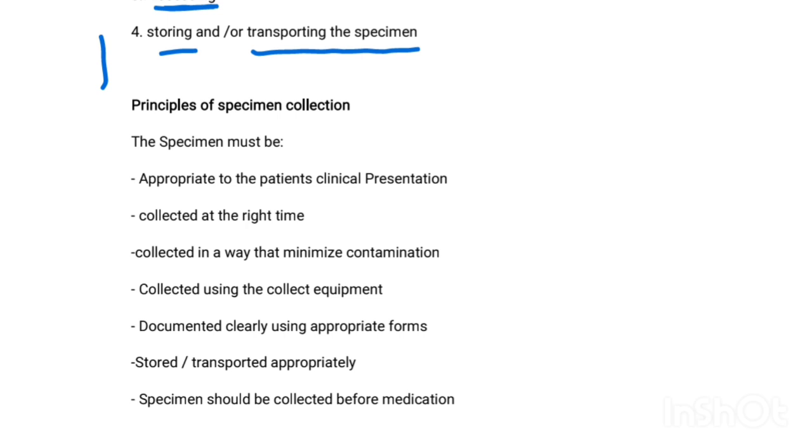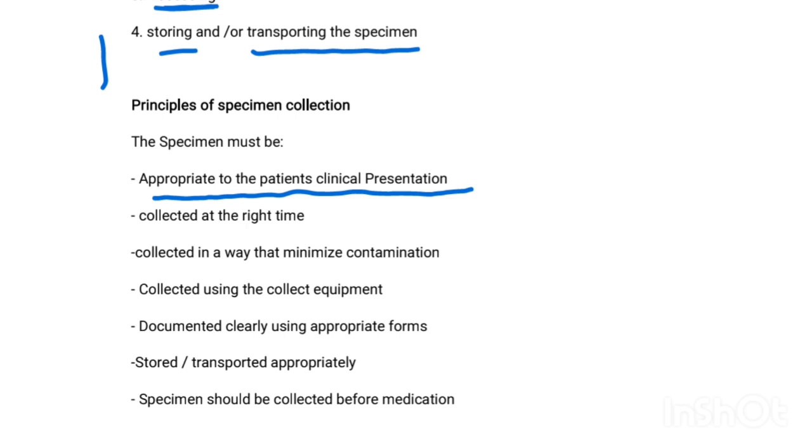For example, let's say if the doctor has requested a blood culture, we can't collect urine, we have to collect a blood sample, not urine. So we need to collect the appropriate specimen for the clinical presentation. Let's say we want to do the blood counting.